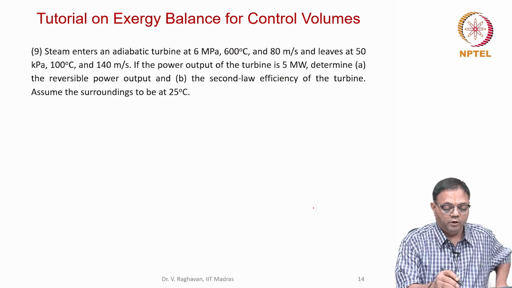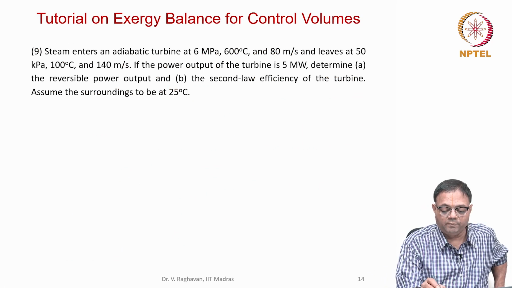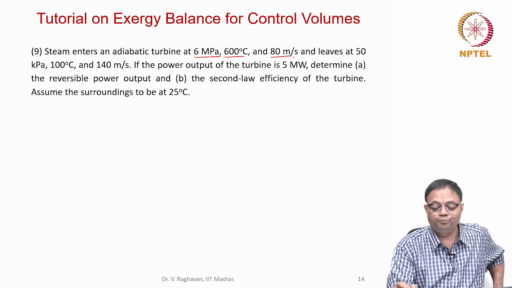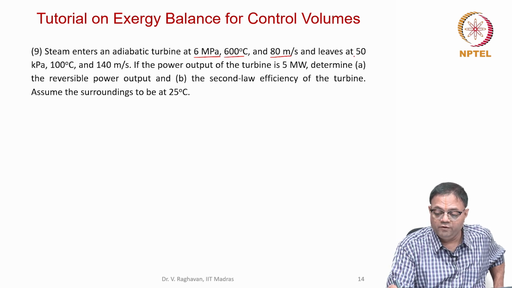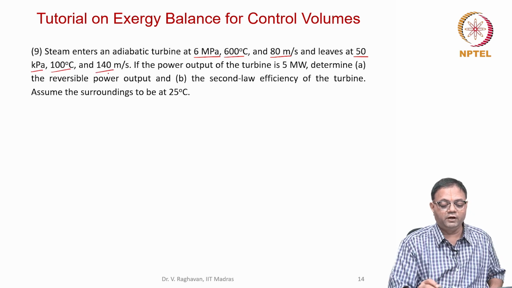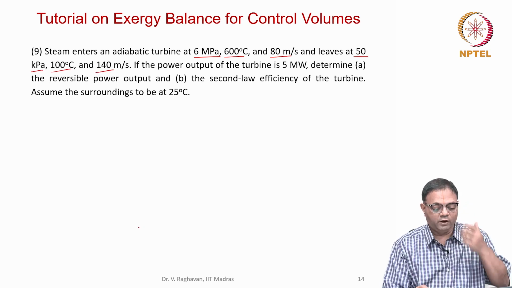Ninth problem: steam enters an adiabatic turbine at 6 megapascals, 600 degrees centigrade and velocity of 80 meter per second, and it leaves at 50 kilopascals, 100 degrees with a velocity of 140 meter per second.